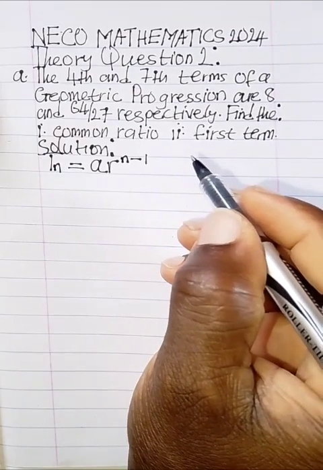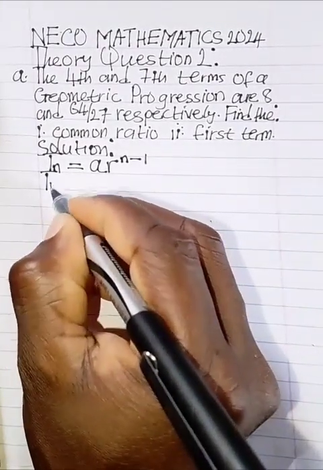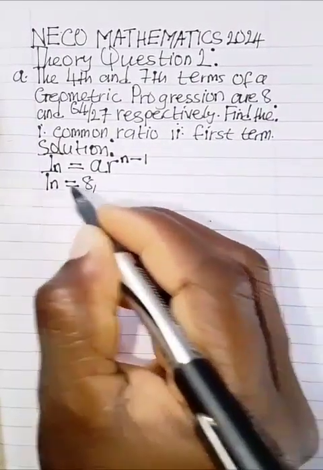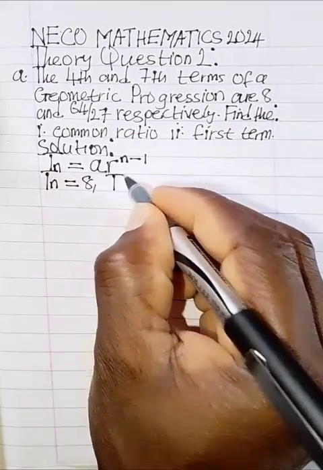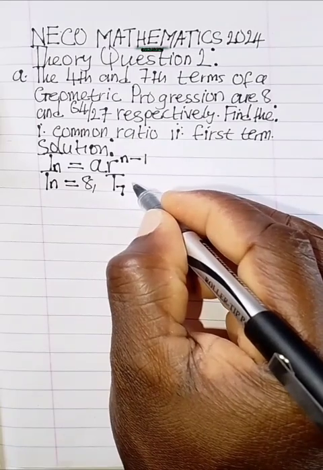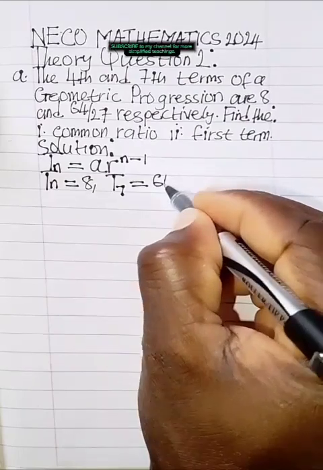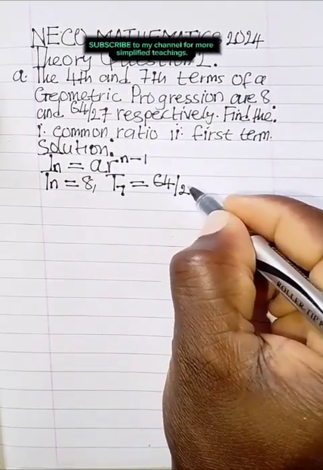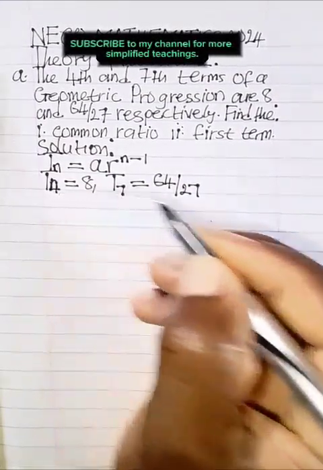From the question, we have the fourth term, t sub 4, equal to 8. Then we have t sub 7, that is the seventh term, equal to 64 over 27.